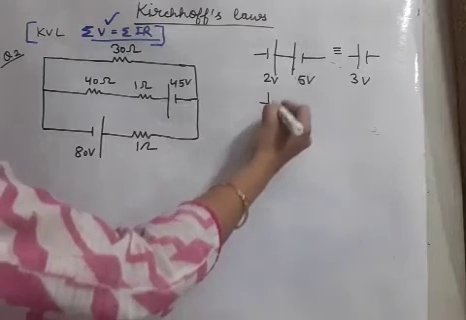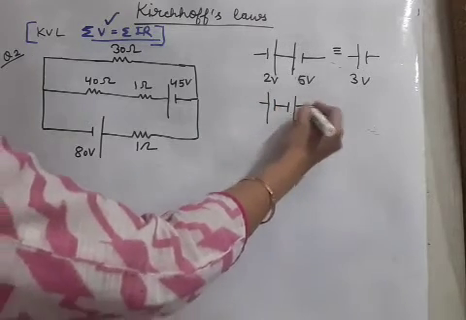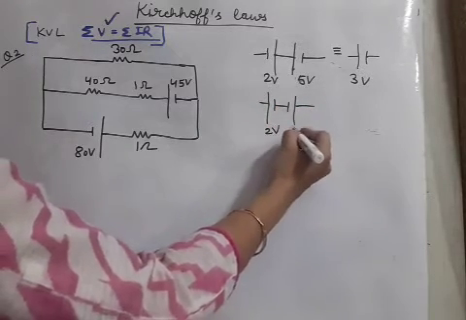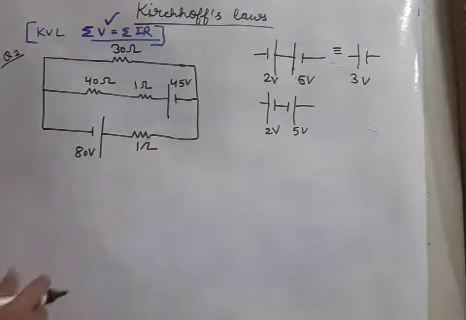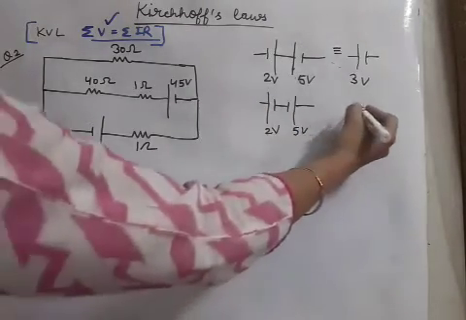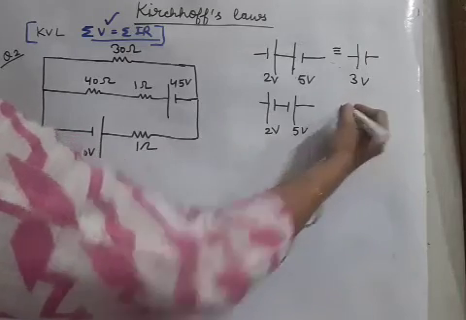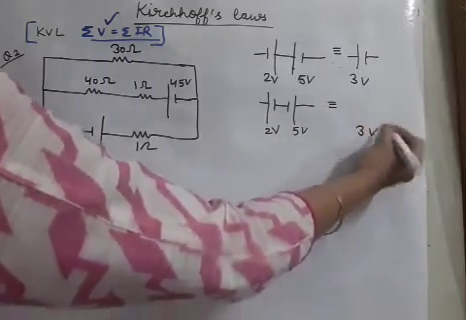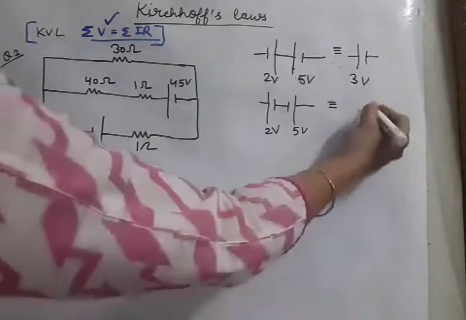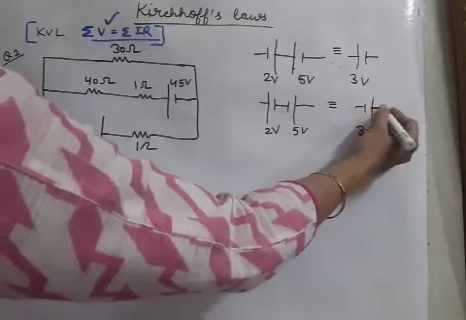In the same manner, if the same terminals, that is negatives of both the batteries, are facing, then also subtraction. So 5 volt minus 2 volt, the answer is 3 volt and the terminals will always be of the bigger battery.